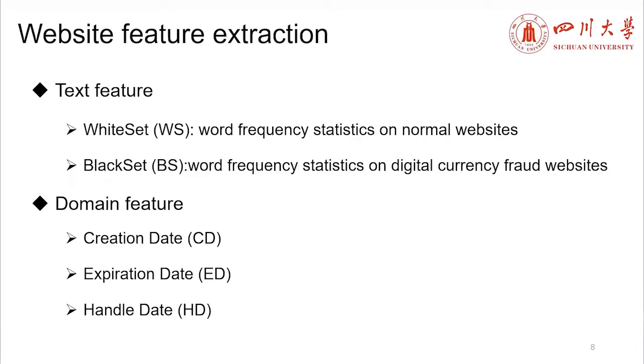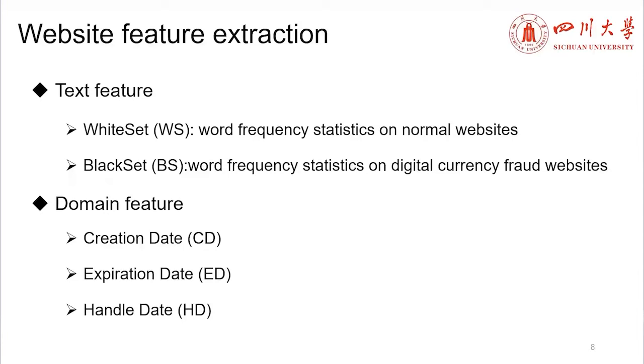Of course, the domain is also one of the important features to effectively identify a digital currency fraud website. Digital currency fraud websites have the statistical characteristics of early domain name registration, short holding time, and early expiration time.